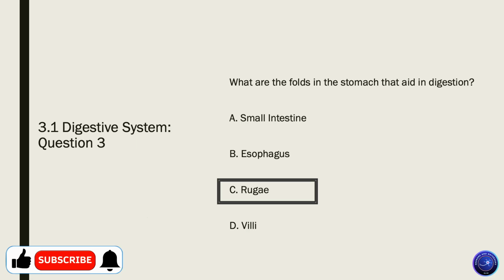And again, that's not a fold, so that wouldn't be correct. And then D says villi, which is a small projection in the small intestine that helps to obtain nutrients, so that wouldn't be correct. But rugae is a fold in the stomach that aids in digestion by secreting enzymes that help to break down food, thus contributing to chemical digestion.